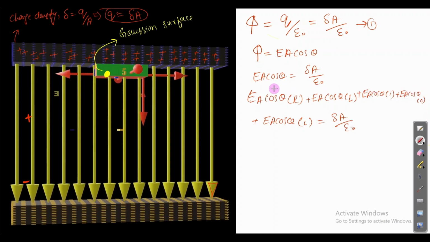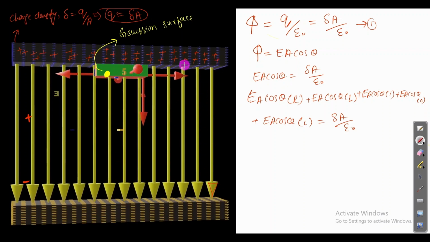Here I write all these factors, the flux value contributed by each side of this box. Now we are going to find theta, which is the angle between the electric field line and the area A. The electric field line is in this direction, from the positive plate towards the negative plate.